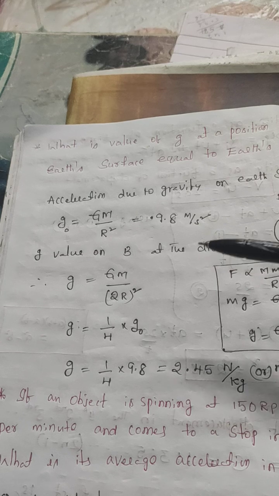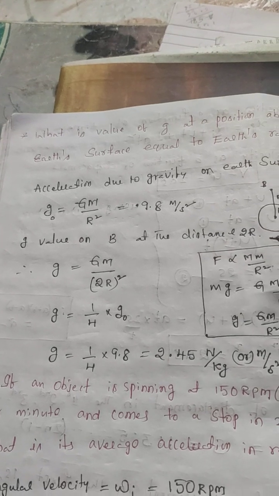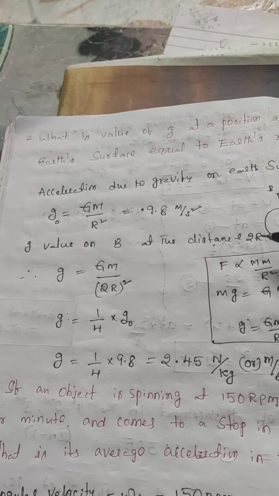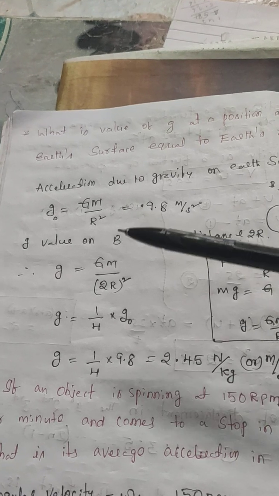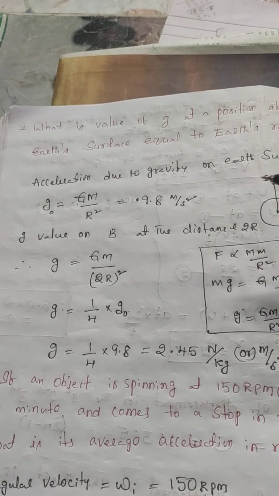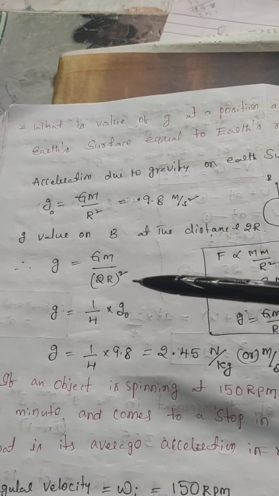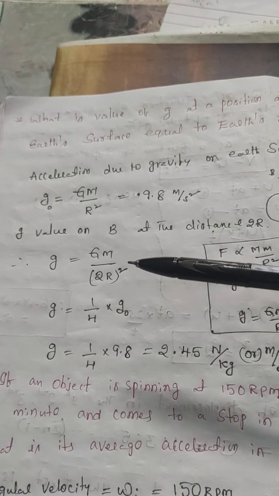Now the g value at B at the distance 2R: substitute 2R in place of R. The g value at the point B is GM by (2R) whole squared.